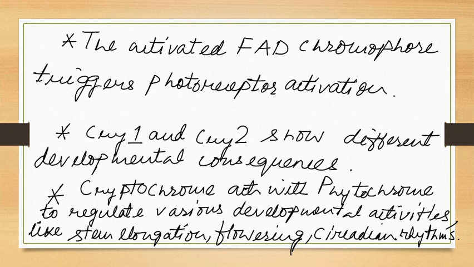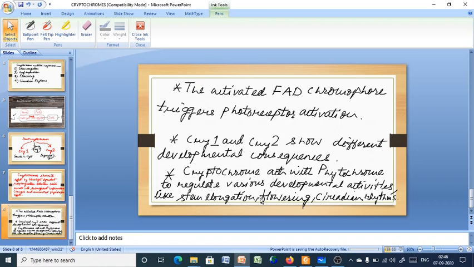They act together in stem elongation or hypocotyl elongation, flowering, circadian rhythms, etc. So, it has been found that the blue light pigment cryptochrome acts with the pigment phytochrome in various situations to establish various photomorphogenetic expression. Thank you.